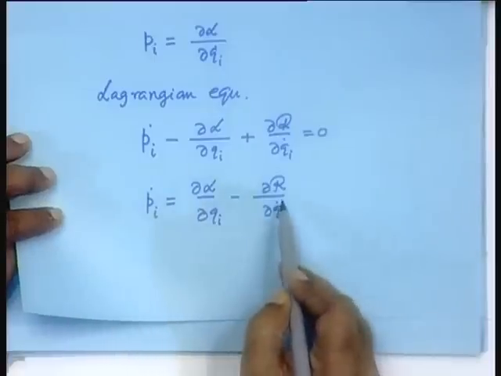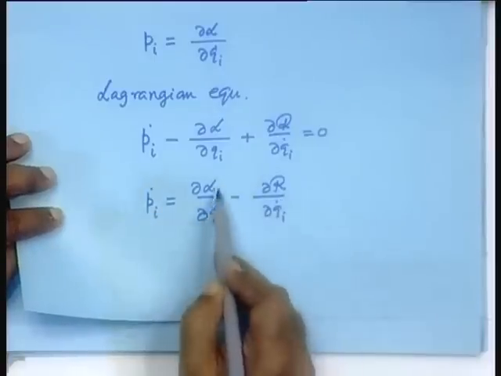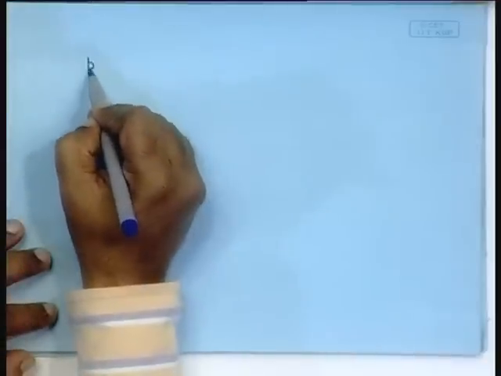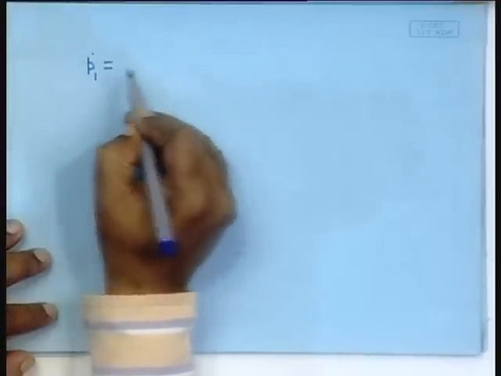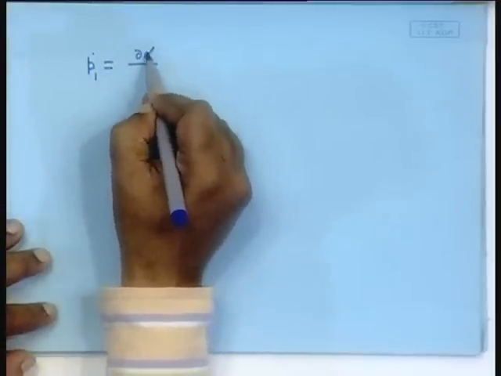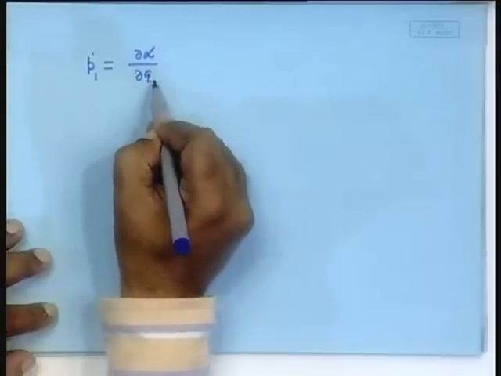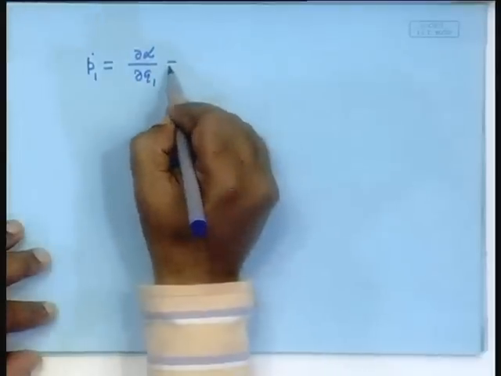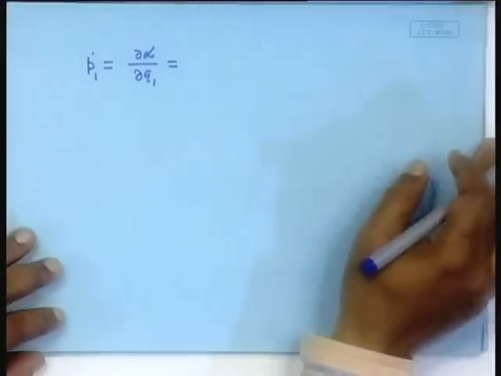The other 2 would be where p_1 dot is in the left hand side and p_2 dot will be in the left hand side. So, that will have to be obtained from this equation. In this case the r term is not there, so only this much. So, we will have to write p_1 dot is the derivative of the Lagrangian with respect to q_1, which is something that we had already written up.